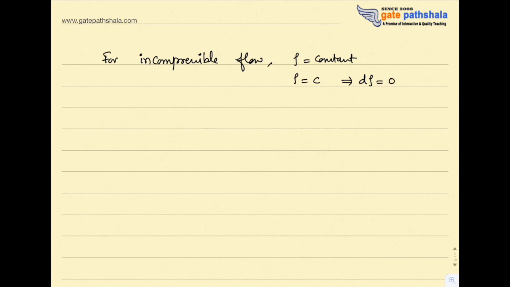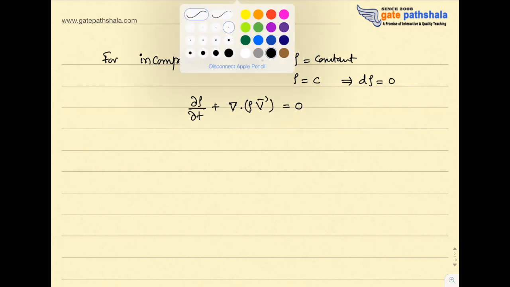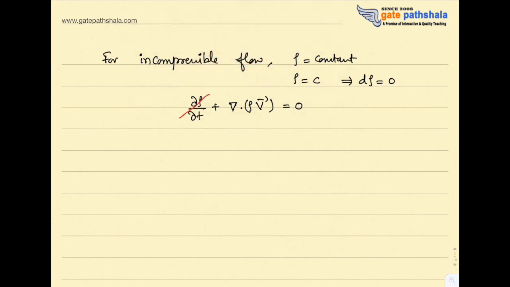So the above continuity equation, if I write again, dou rho by dou t plus del dot of rho v bar, which is divergence of the velocity vector with the density, is equals to 0. In this equation, if the density is constant, this term vanishes irrespective of whether the flow is steady or unsteady.